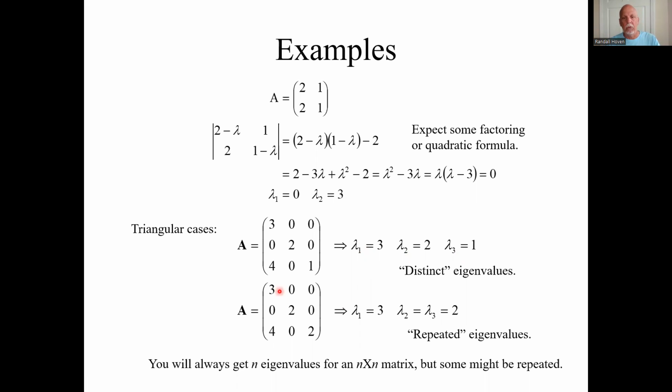If you have a repeated eigenvalue, like here, 3, 2, and 2, you don't know if you're going to get 2 or 3 linearly independent eigenvectors until you do further work. And when I taught this, I kind of made it a big deal to know exactly how many linearly independent eigenvectors you get.